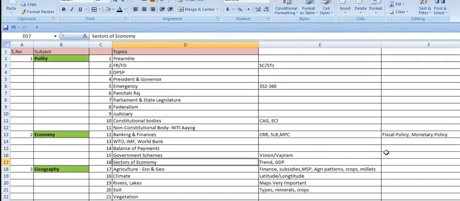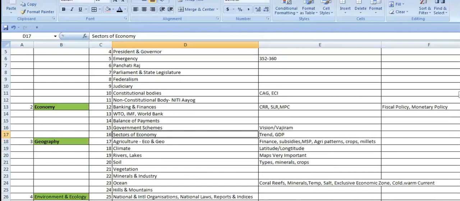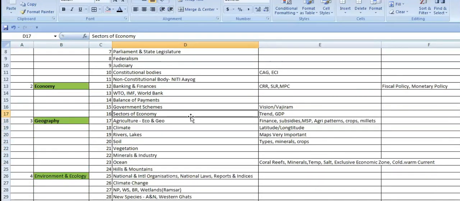Next one is the geography part, where agriculture is the major topic. When it comes to agriculture, it covers economy and also geography. And in mains also, it covers both GS paper 1 and paper 3.